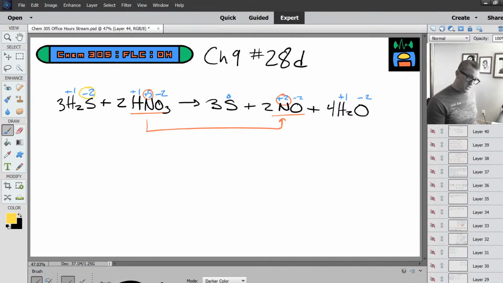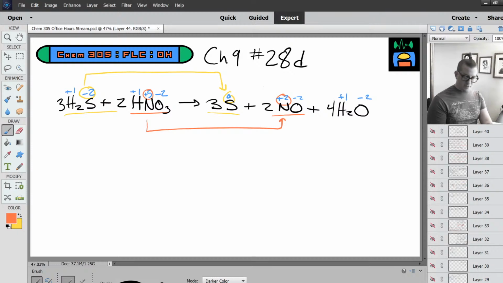Sulfur starts at a -2 and ends at a 0. That is an undeniable change.